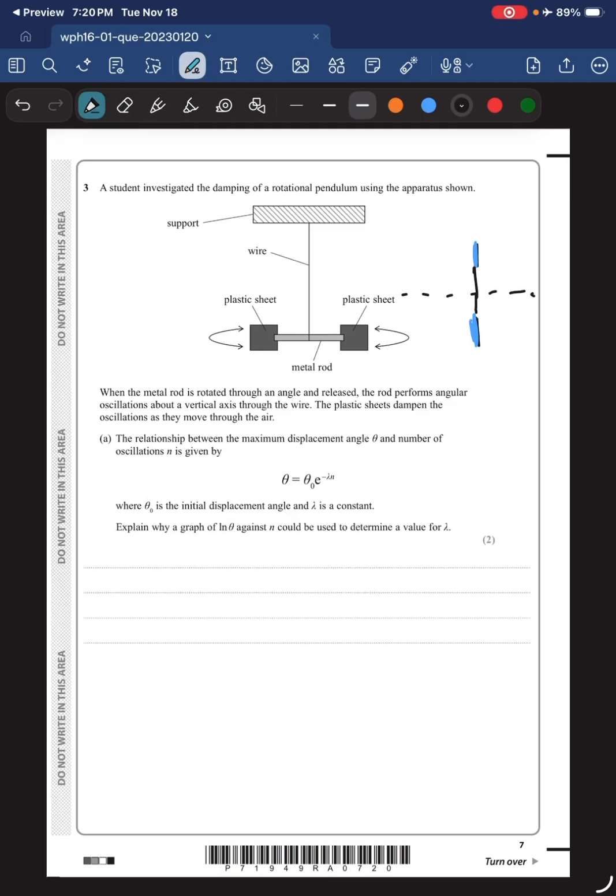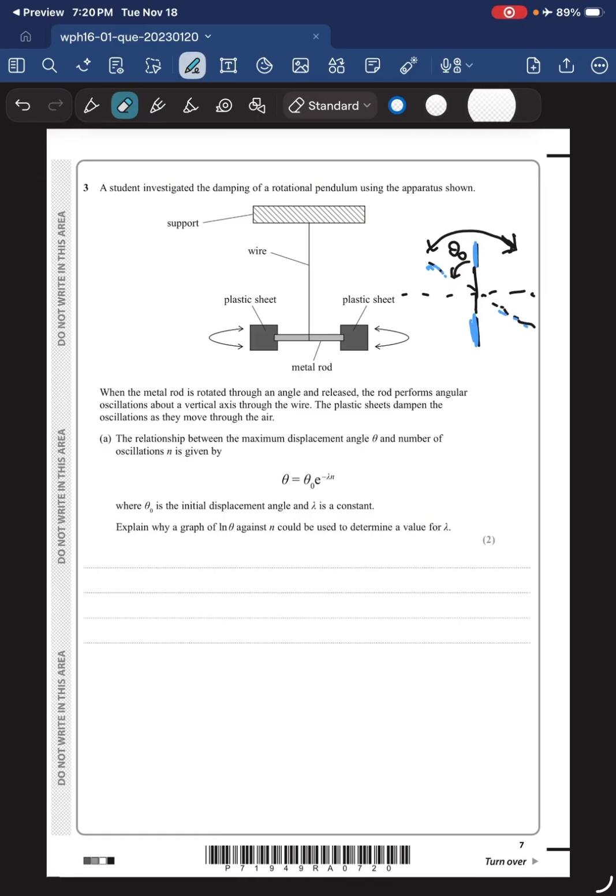So if we're looking at this from above, there will be a motion that looks like this, and theta will be this angle. And it will go back and forth between two extreme angles, and every time it oscillates, this angle will reduce according to this relationship, okay? So this is what's happening, and theta naught is the initial displacement, the maximum one.